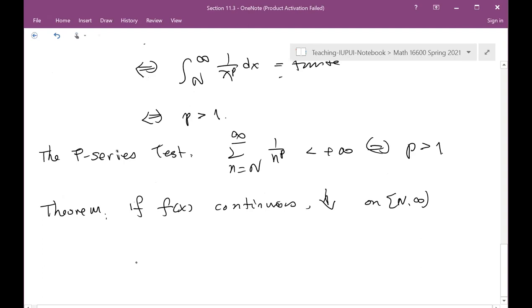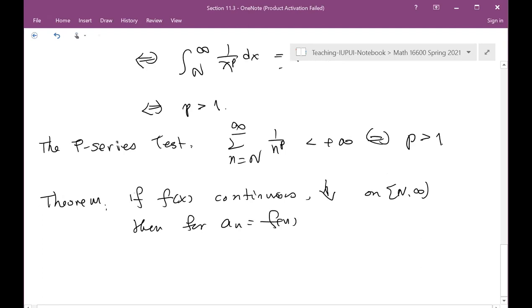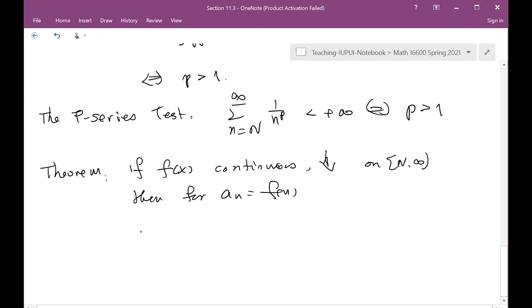Then for this sequence, the following identity holds, from capital N to infinity.